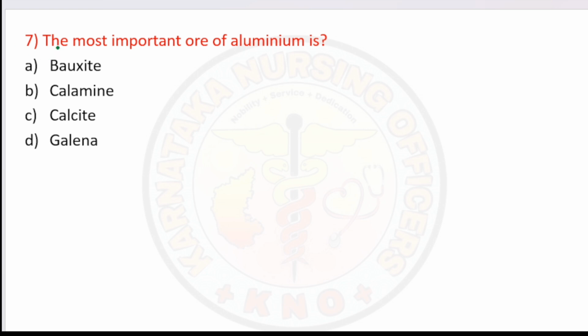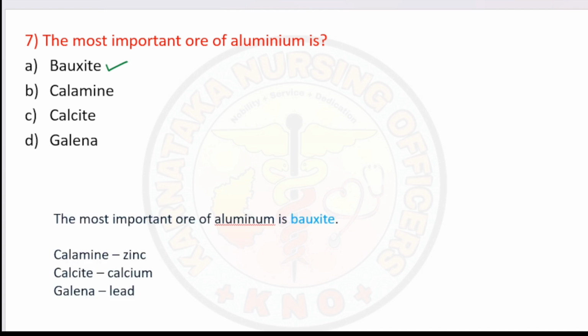The question is, the most important ore of aluminium is. Okay. Aluminium is an element in the periodic table, right? And what are the ores of aluminium? So among these four, bauxite is considered to be the important ore of aluminium. Okay.